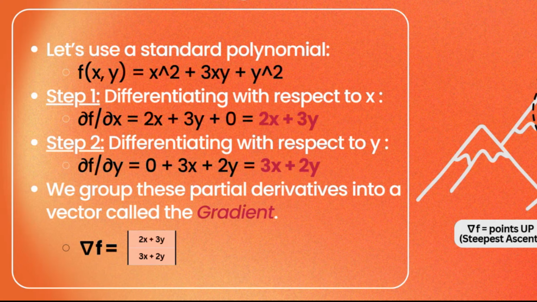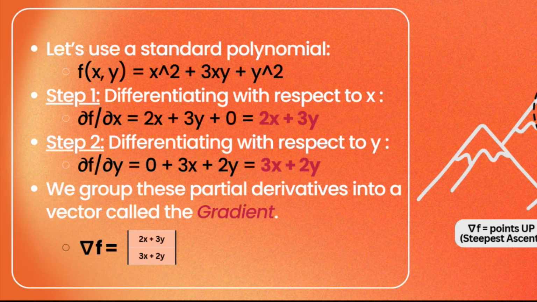Now we differentiate it with respect to y, treating x as constant, and we get dou f by dou y equal to 3x plus 2y. Now we put both of these together in a vector form, and this is called the gradient, written as del f. So we get del f equal to (2x plus 3y, 3x plus 2y).